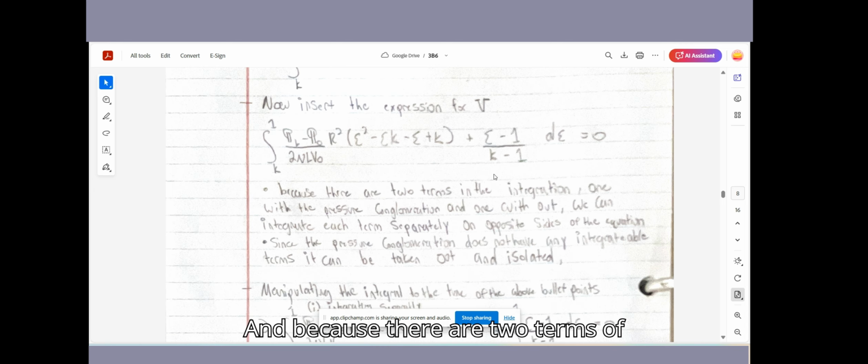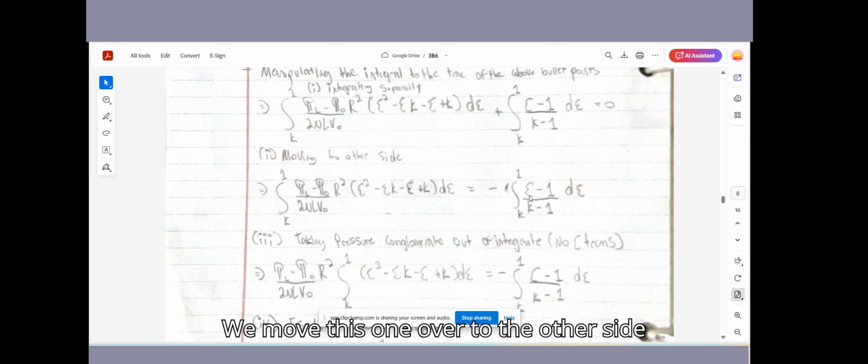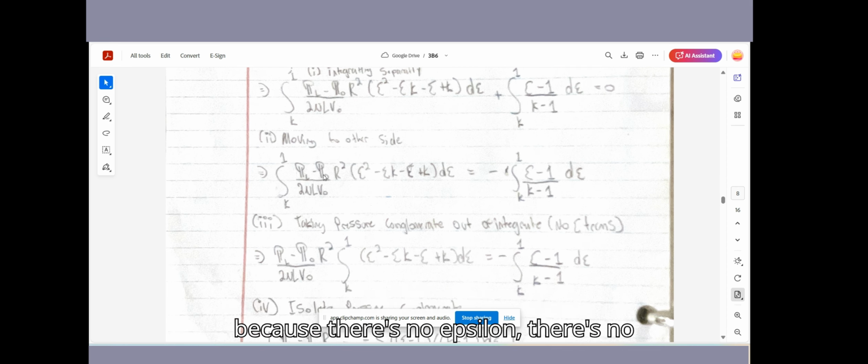And because there are two terms in the integration, one with the pressure conglomerate and one without, we can integrate these separately, move this one over to this side of the equation. Let me just show you. So we have these two separate integrals. We move this one over to the other side, and then we take this out of the integral because there's no epsilon, these are all fixed values, so we can just take it out of the integral.